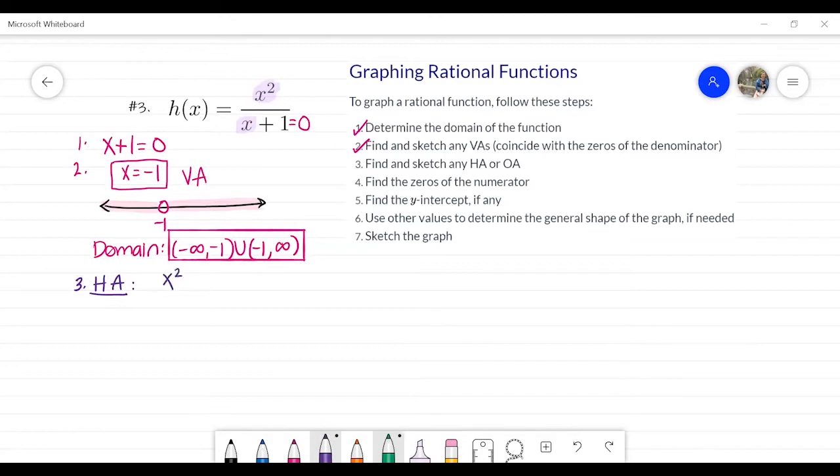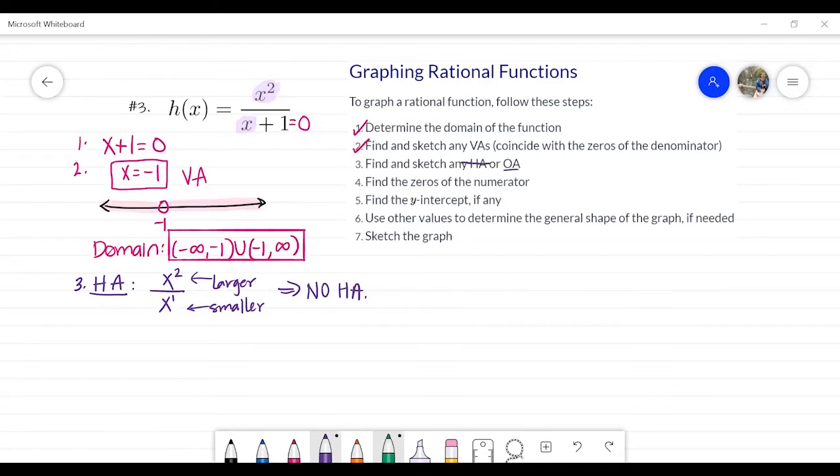So we've got an x squared up top and an x in the bottom. Now this one is larger and this one is smaller in degree, right? 2 is larger in degree than the invisible 1 right here. Well, in this particular scenario, there's no horizontal asymptote. So in this case, there is none.